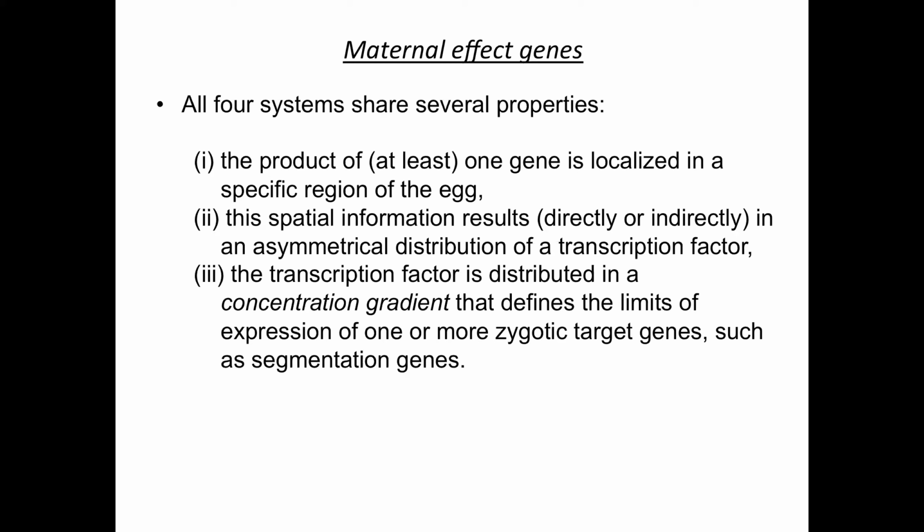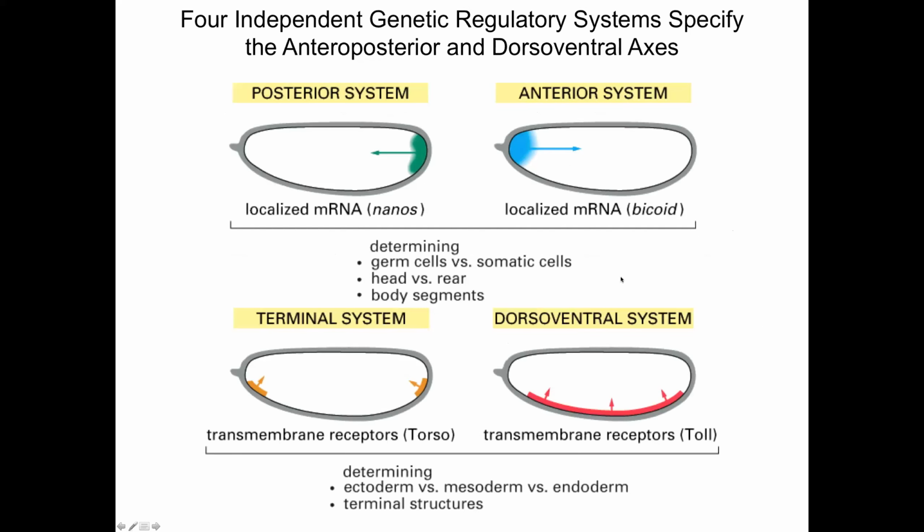So the ones that see high bicoid are from the anterior part, and the cells that see low bicoid are more posteriorized. I mean, it's a default system.